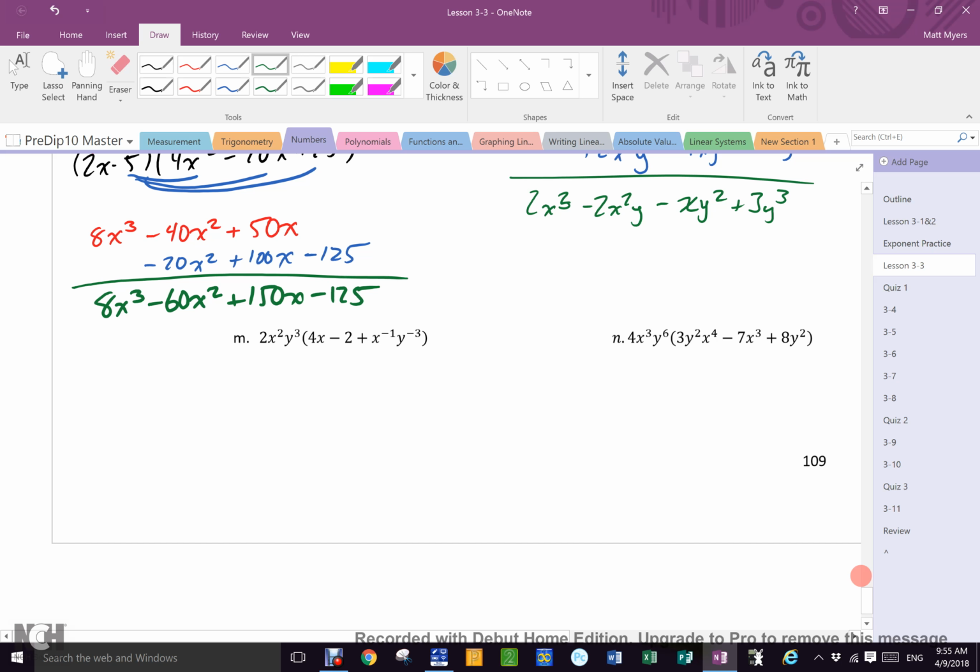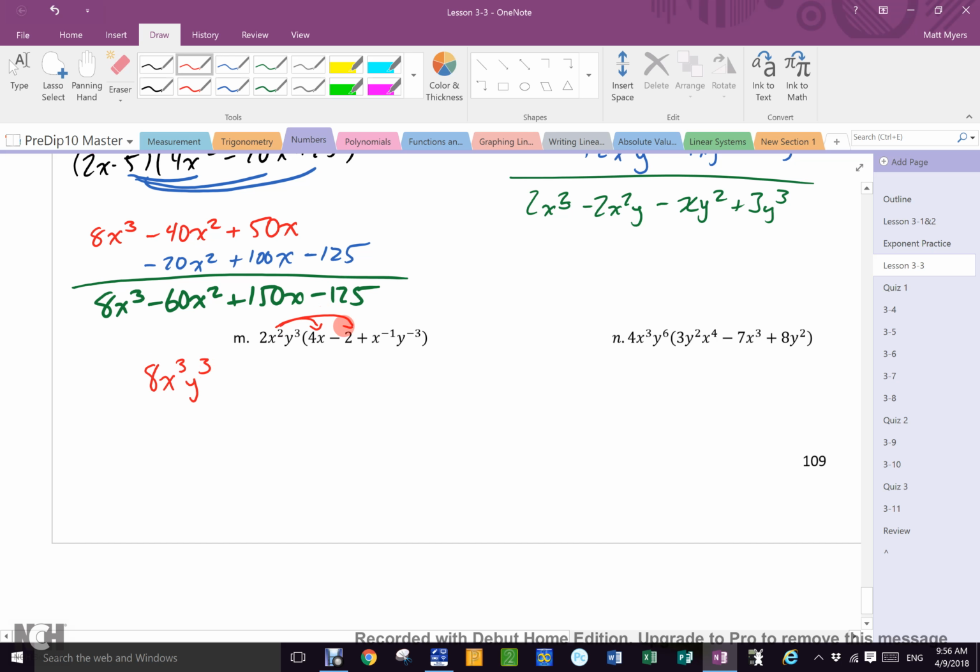And finally, this mess. It's very hideous, yes? Because there's 4x, then a constant, and that is all one thing, isn't it? So, 2x squared, we're going to do just that one first. What does that give me? 8x cubed y cubed.